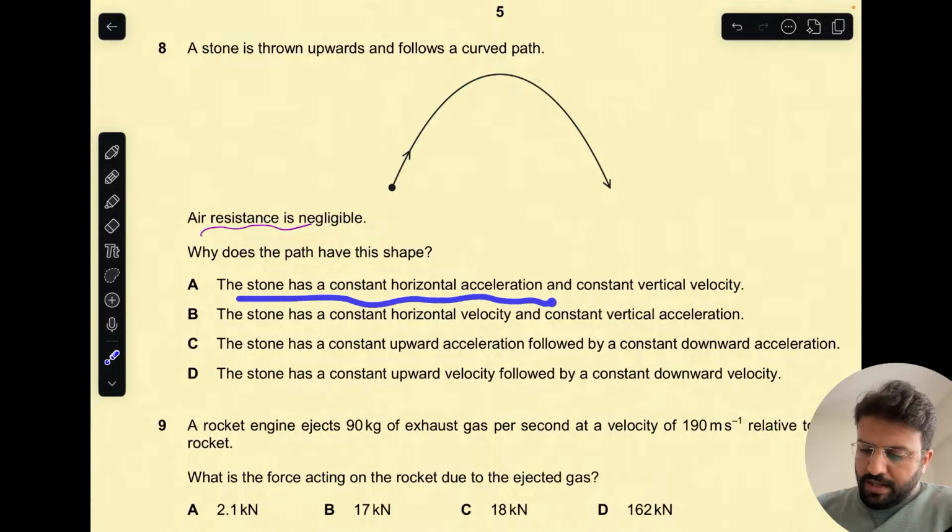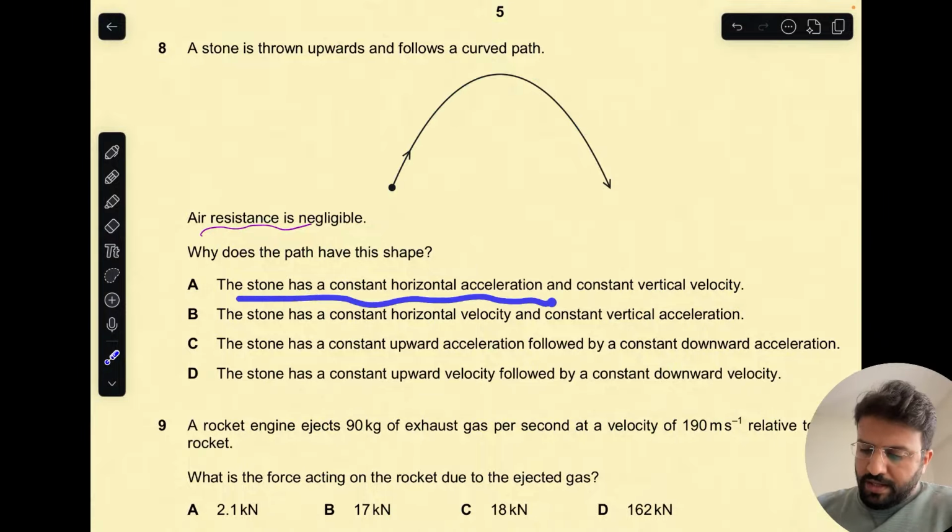And as there is no horizontal force and no air resistance, there is no horizontal acceleration, so the horizontal component of velocity will be constant. So constant horizontal acceleration is wrong.